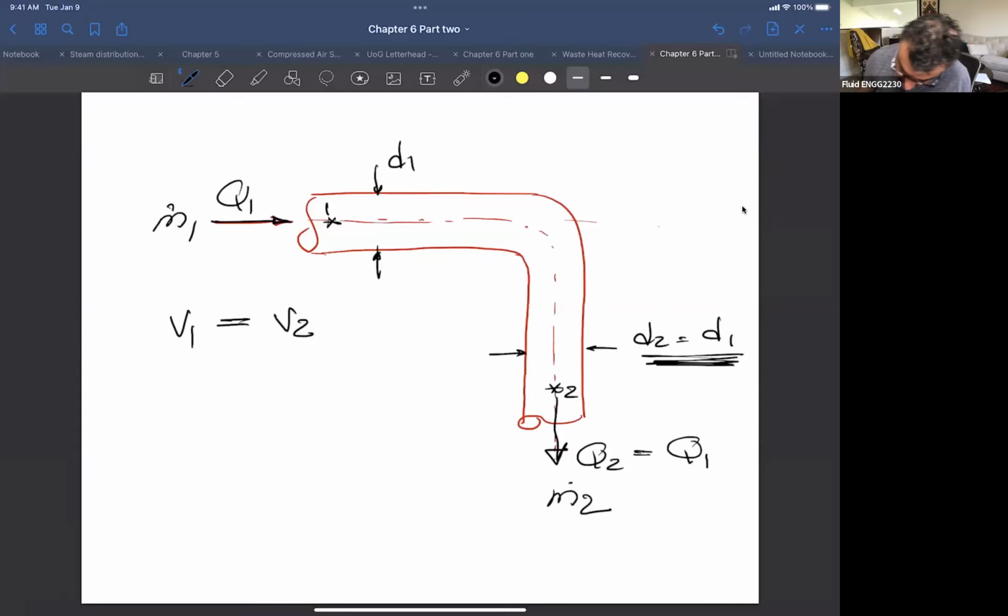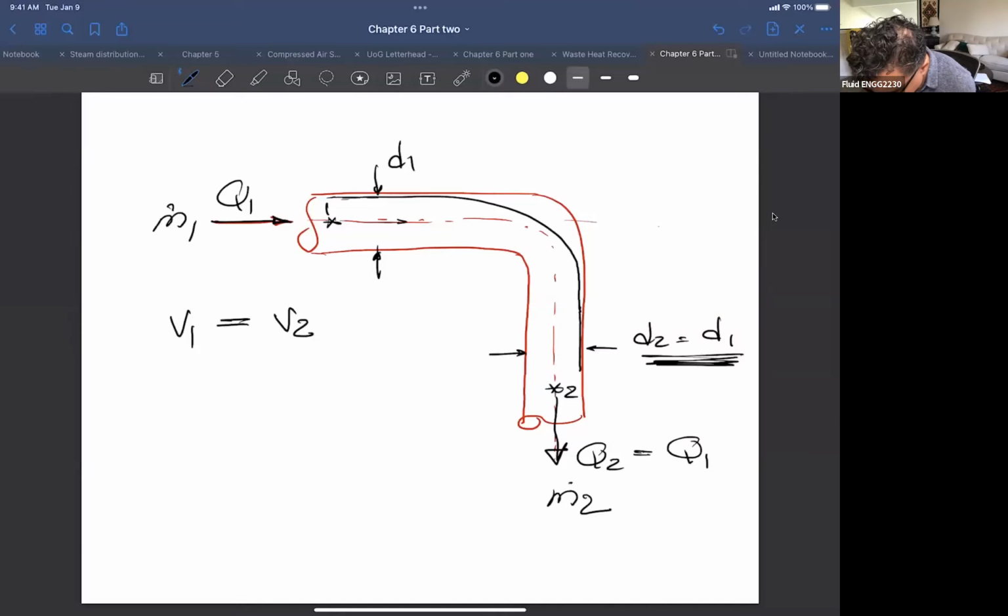Okay. So if I look at the streamlines here, the streamlines will be similar to what we discussed, but the velocity here is changing its direction from this line to this line. Not all the curvature of the pipe will be a streamline curvature, right? So you might see what will happen here in this case. The flow is going like this and then going like that.